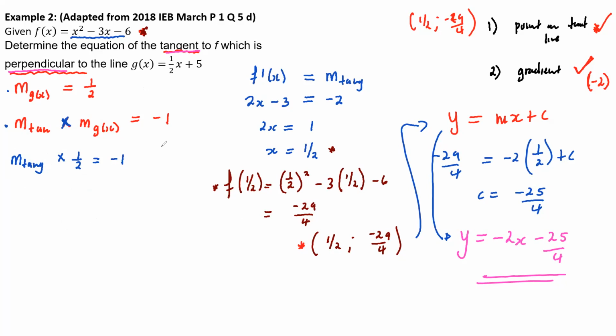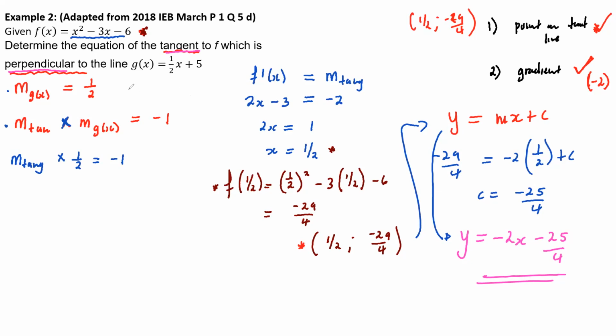Okay, good question. The problem is g of x is a straight line. You can't have a tangent on a straight line. Tangents are on graphs which are either cubic or quadratic, right? So you cannot differentiate it. It can't happen because g of x is a straight line. A tangent is a straight line on a curve.